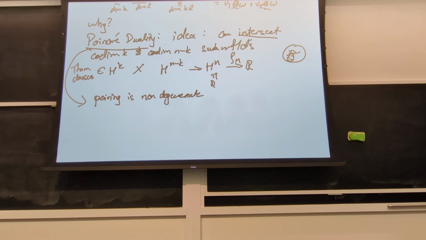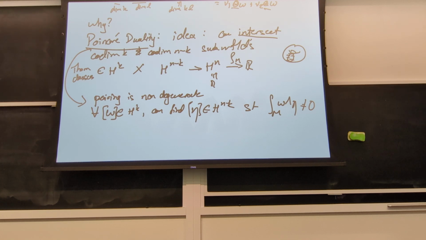What this means is that for all omega inside H^k, you can find an eta inside H^(n-k) such that the integral of omega wedge eta over the entire manifold M is non-zero.